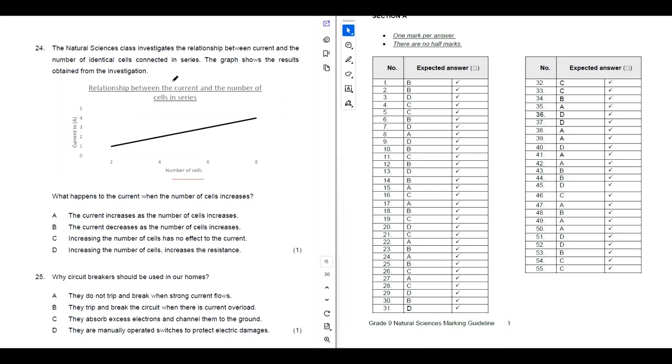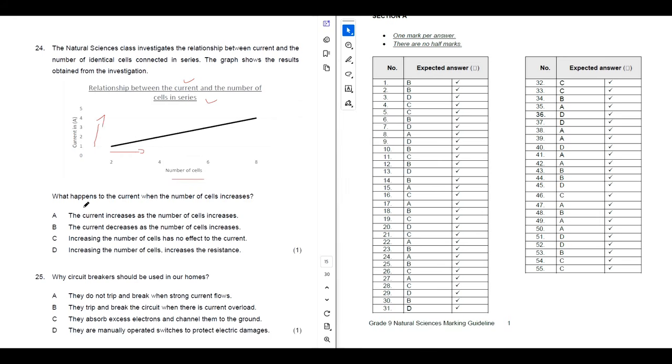So we just need to study the relationship and see what is happening. We can see, guys, that as the number of cells increases, the current also increases. So there is a positive relationship between the two because they both increase together, right?